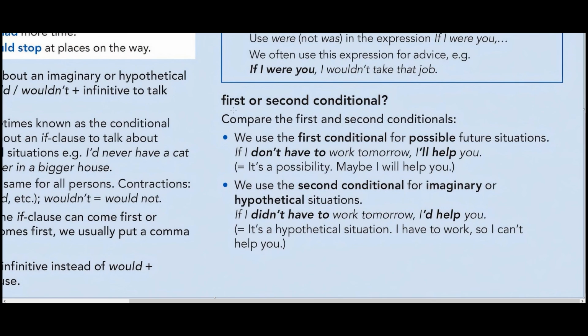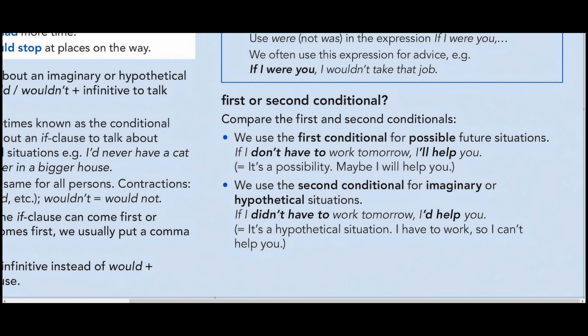И тут у нас первый или второй тип условных предложений. Сравните первые и вторые типы условных предложений. Мы используем первый тип для каких-то вероятных ситуаций в будущем. То есть, если у меня не будет работы, я тебе помогу. Это возможность. Может быть, я тебе помогу. А мы используем второй conditional, то, что мы сегодня разбираем, только для гипотетических, да, или воображаемых ситуаций.